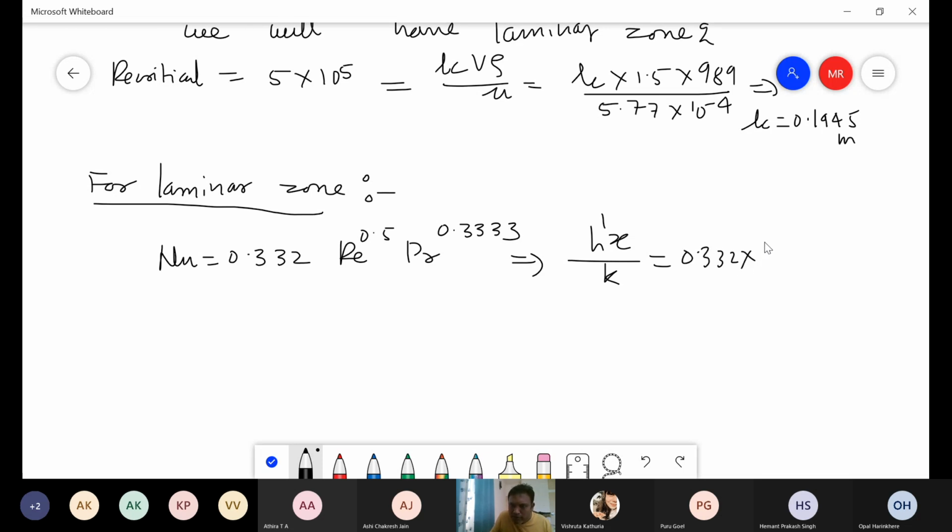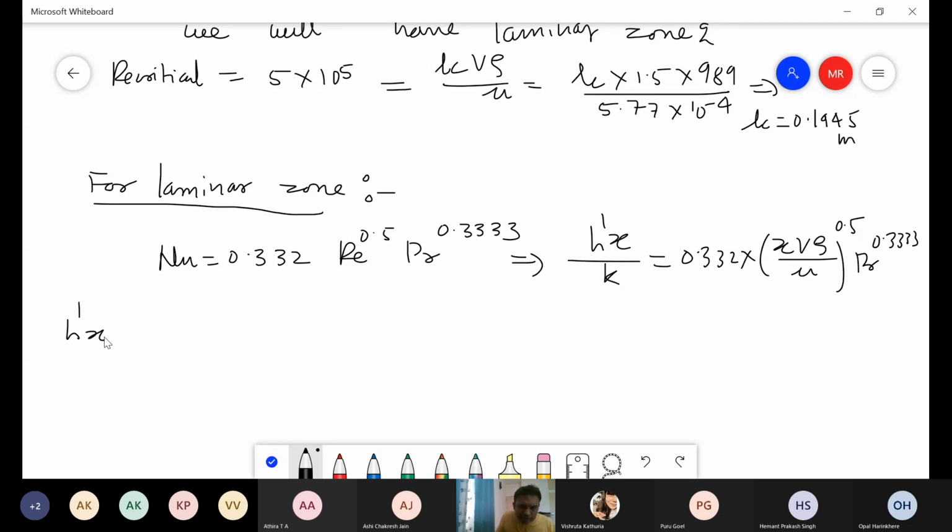0.332 into the Reynolds number, which in this case is x v rho by mu, raised to 0.5, into Prandtl number raised to the power 0.333. We can put all the values here.